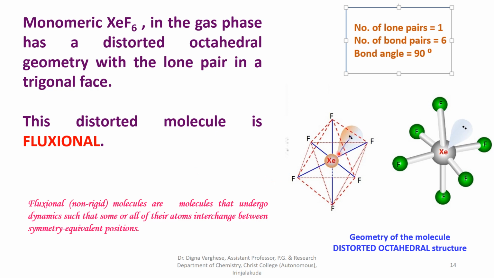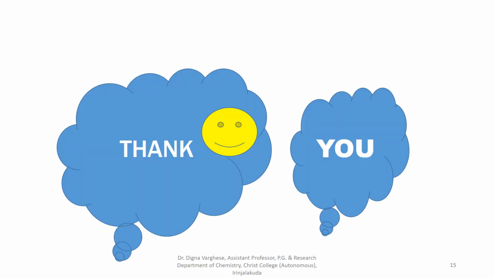In this case, the position of the lone pair is changing from one trigonal face to another one. Therefore, this molecule is regarded as a fluxional molecule. So it has a distorted octahedral structure. Thank you.